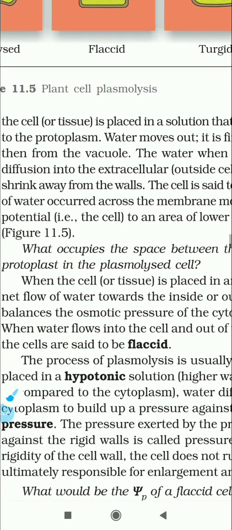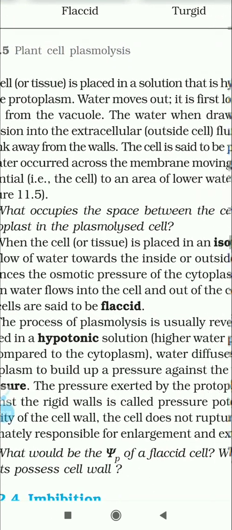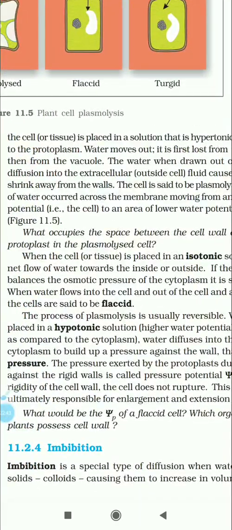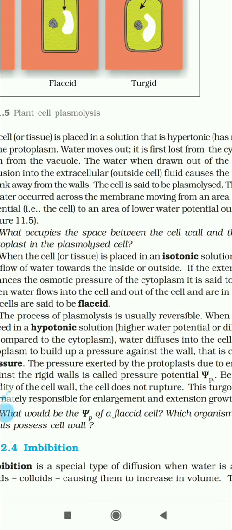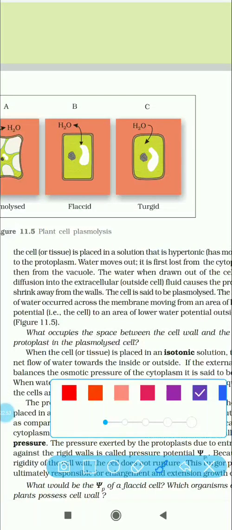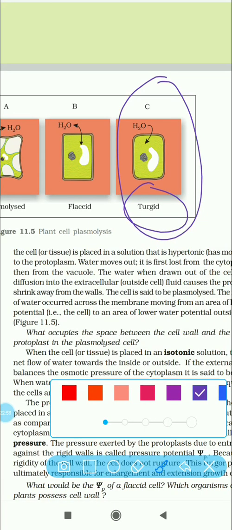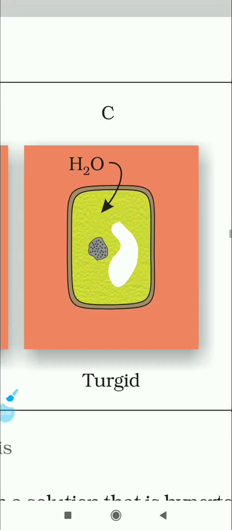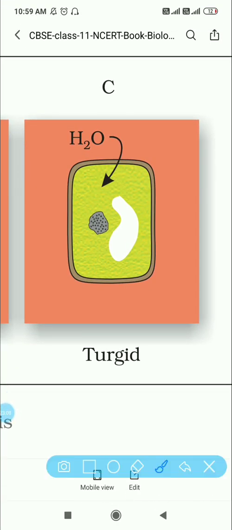Finally we have the turgid cell. Now the only remaining part is this one, the turgid cell. Turgidity happens when the water from the outside enters inside.